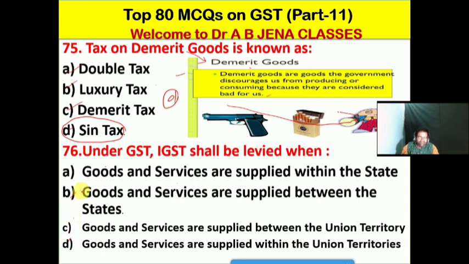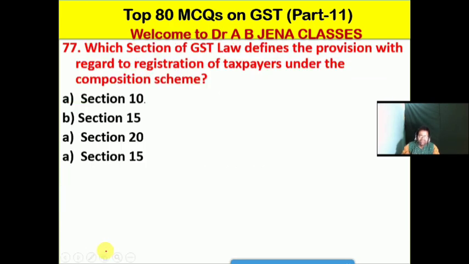So the correct option is B. You have to remember, friends. So under the GST Act or law, the IGST shall be levied when goods and services are supplied between the states. So B is the right option for this MCQ.